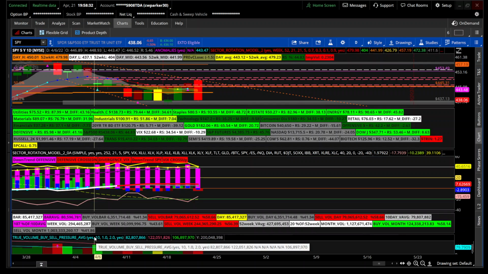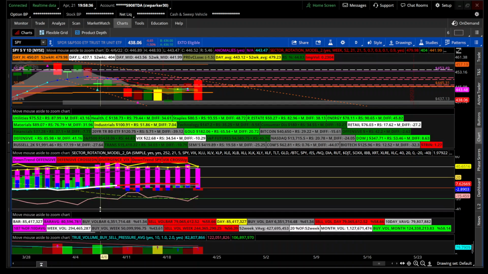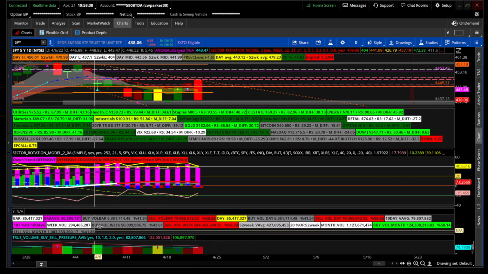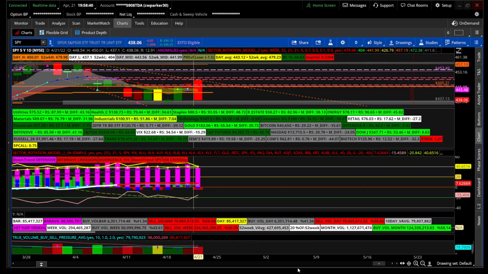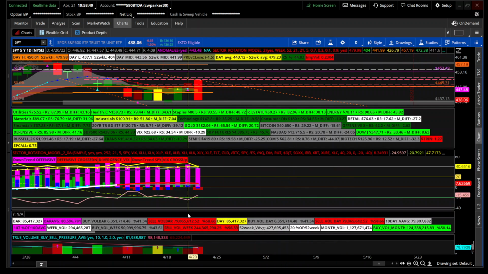If I do another video tomorrow, I guarantee you this number is going to be higher than 41.86. And it's going to be showing you it's been more selling than buying, especially when you look at the actual candle. This is going to be the same because this is the day and we're on a daily chart. But if you was on the lower time frame, this would be for that lower time frame.